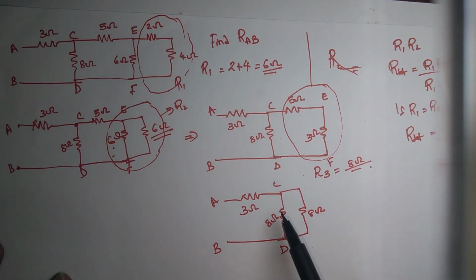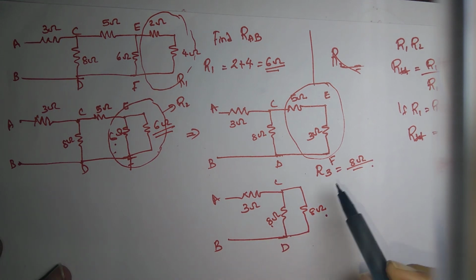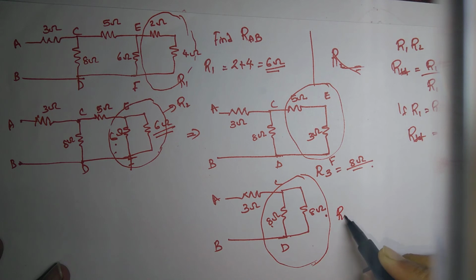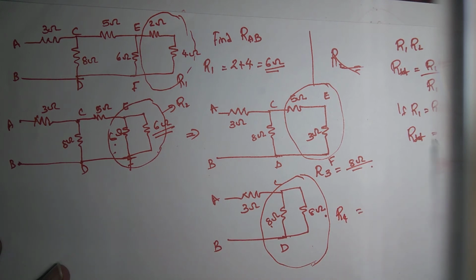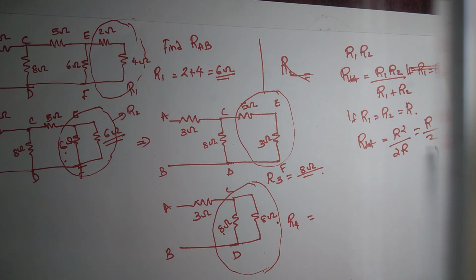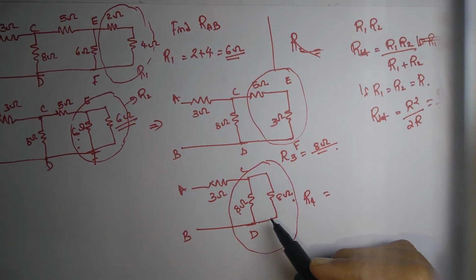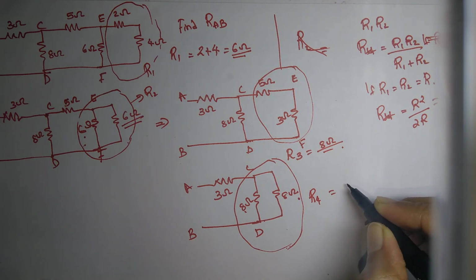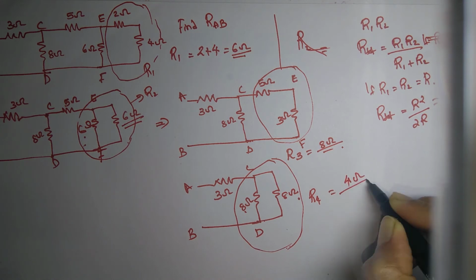So now we have 8 ohm and 8 ohm in parallel. Again I can replace this parallel resistance as R4. We know if two equal resistances are connected in parallel, then the total resistance will be R by 2. So here 8 into 8, 64, by 16, that is 4. So R4 is 4 ohm.